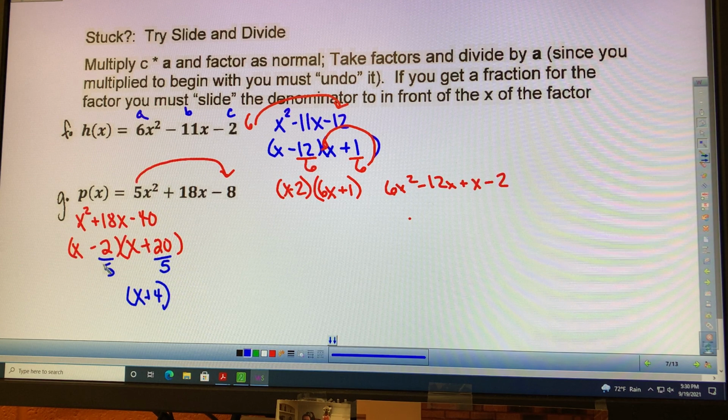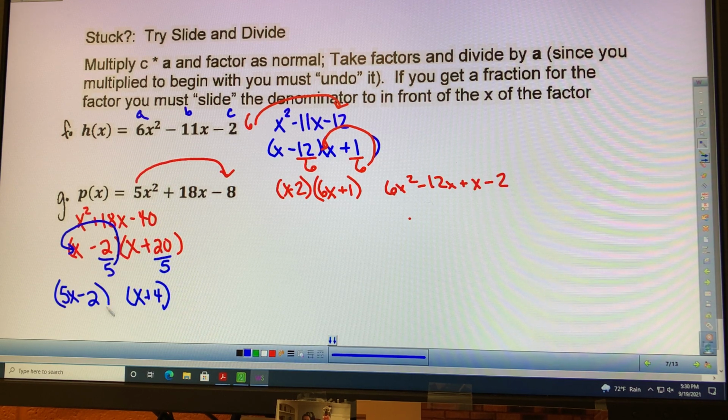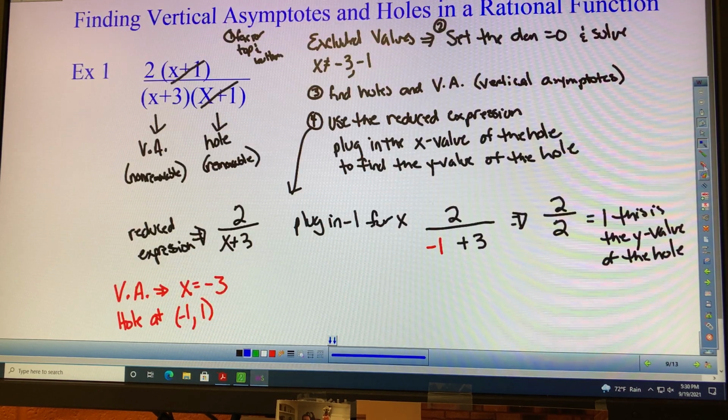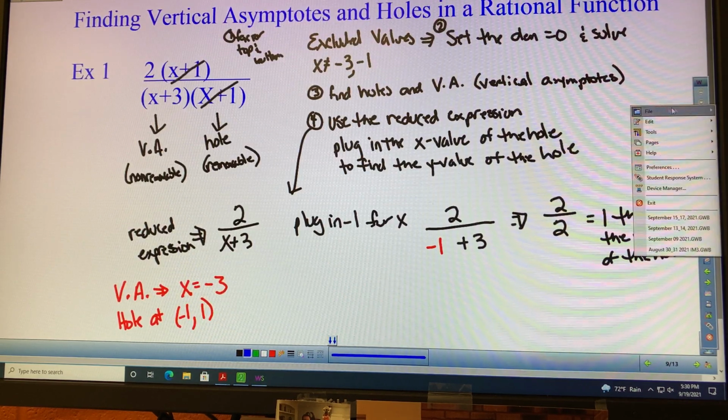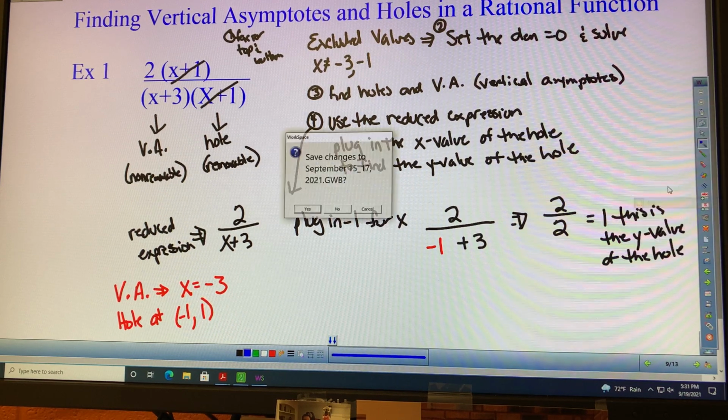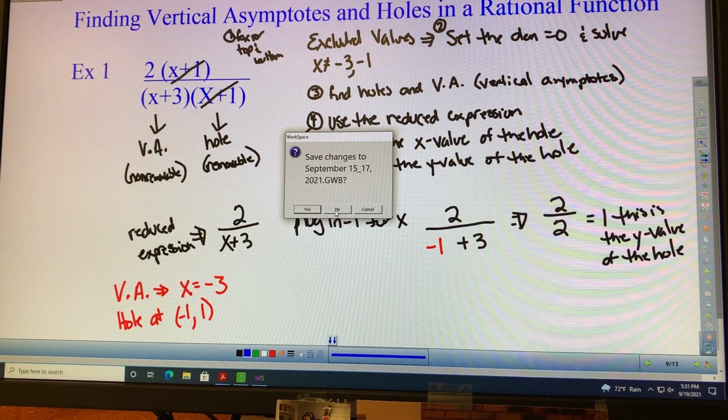Over here, I can't reduce that any lower, so I have to slide the 5 back in front of the x, and I have 5x minus 2. Okay, that is it for factoring the leading coefficients of 1 or greater than 1.